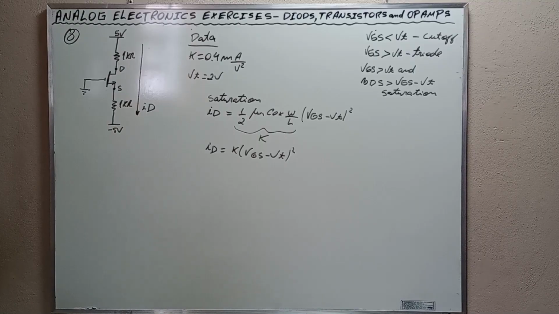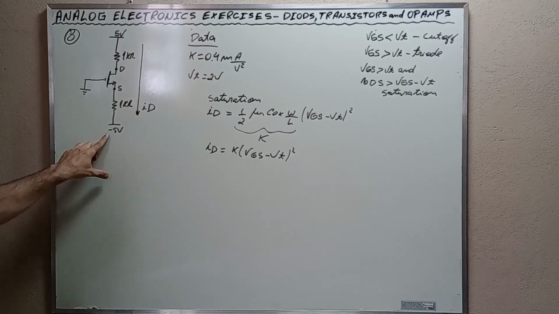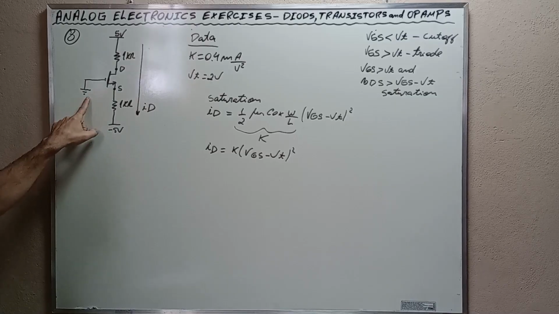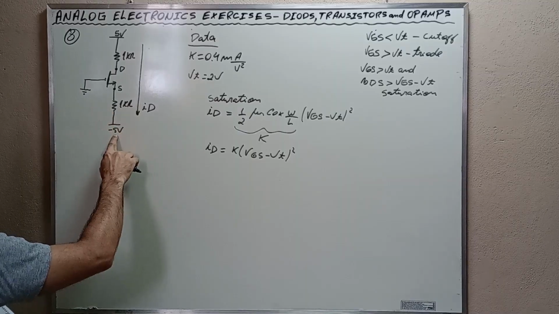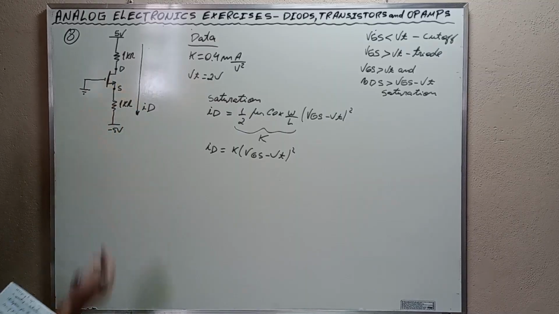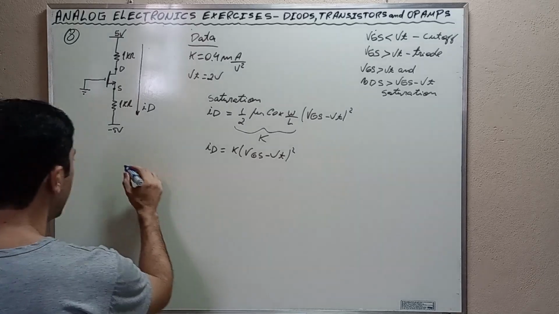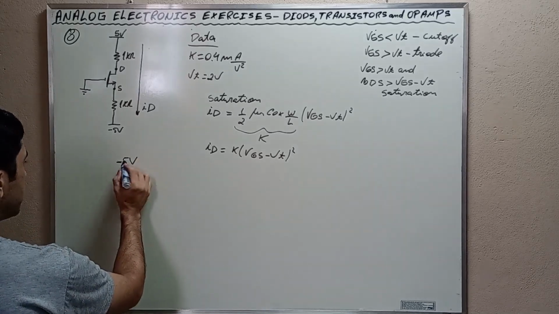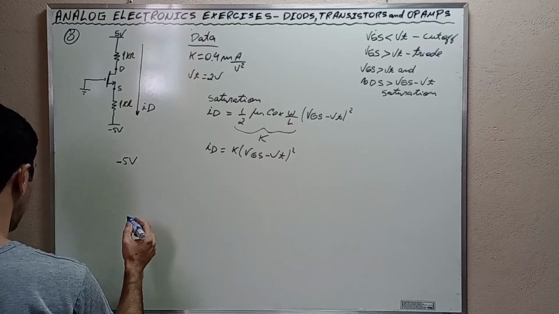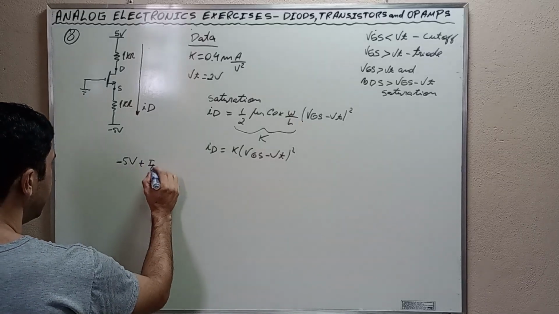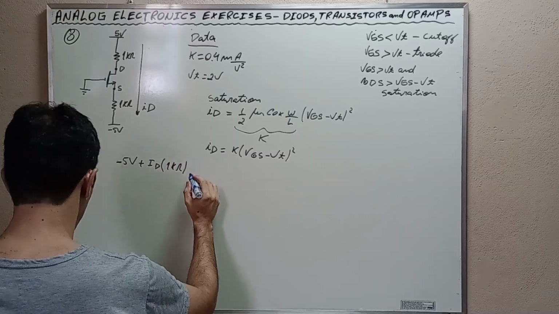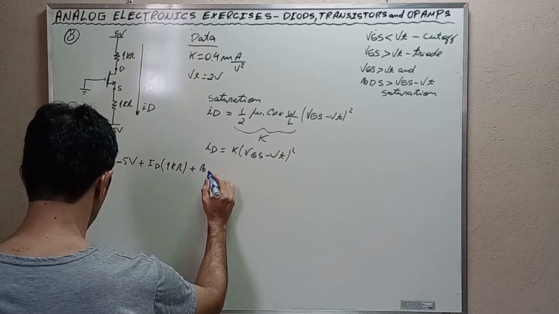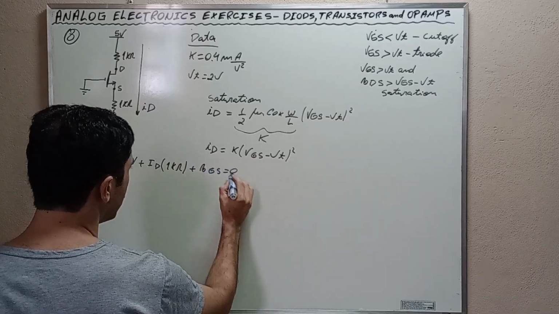From the negative 5 volt source to the ground, we have negative 5 volts plus ID times 1 kilo ohm plus VGS is equal to 0.